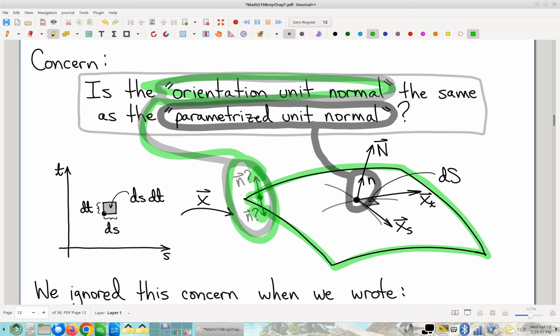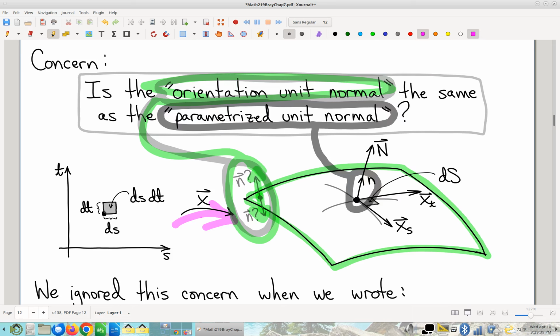Now, here's the thing. When you parameterize your surface, think back to all the parameterizing that we did several days ago, whenever that was, right? We had various different parameterization methods. Notice we didn't talk about orientation at all, right? When you parameterize a surface, you're just not thinking about whether you are inadvertently, accidentally also creating an orientation.